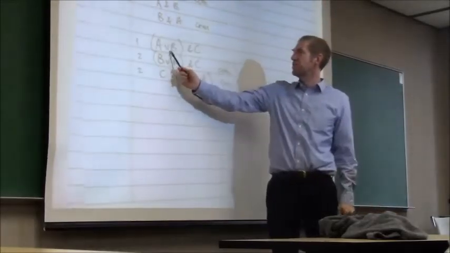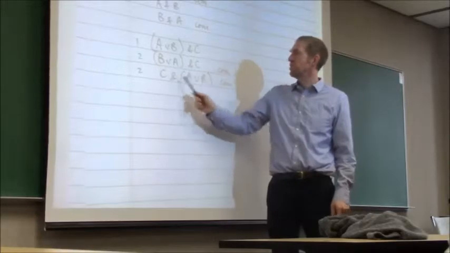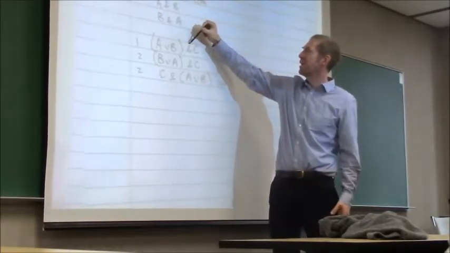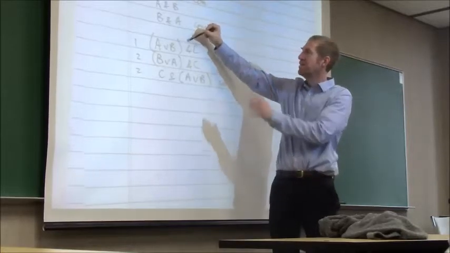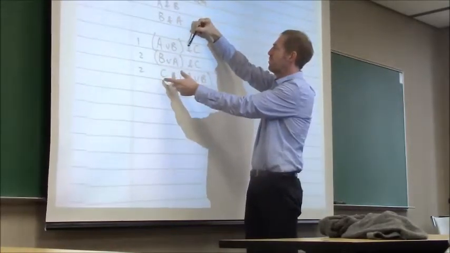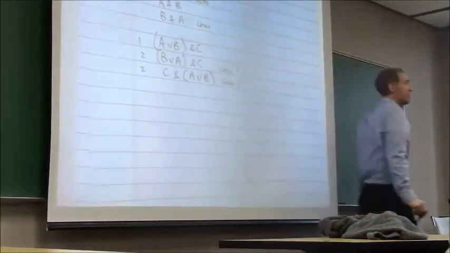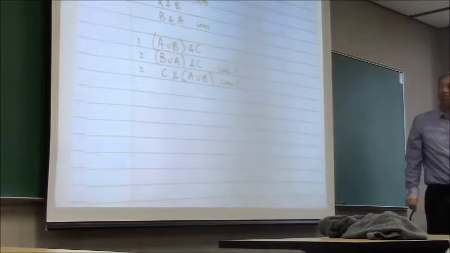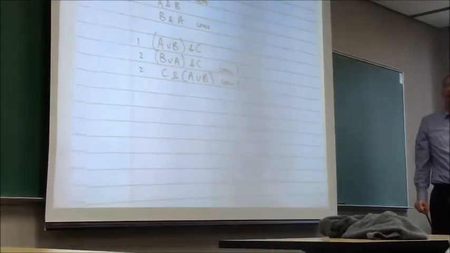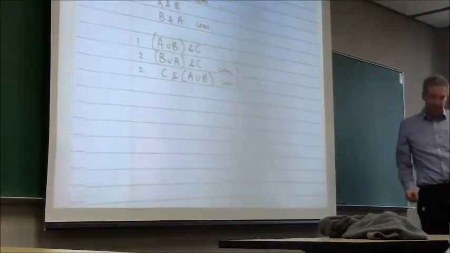I can do commutation to this one and change the order like that, or I can do commutation to this one and change the order like that. It's like I'm treating the connective as a pivot. So here I treat this as a pivot and flip those around. Here I treat this as a pivot and flip those around. Okay, once again you can do it to just parts of lines. Make sense?